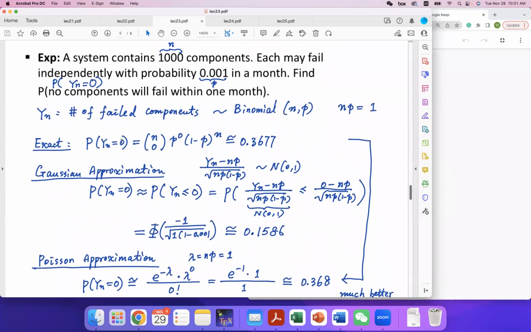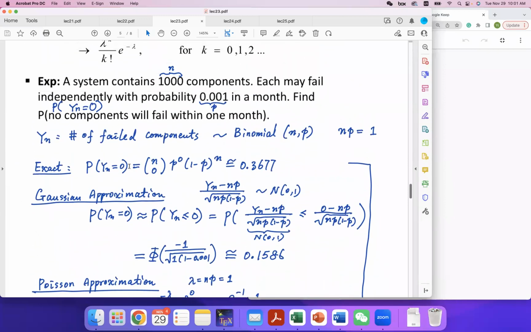So since k is 0, it's n choose 0, and p to the power of 0. This is 0 successes and n failures. And calculating this one, with n equals 1000 and p equals 0.001, you plug all these parameters into this distribution, and you get 0.36.